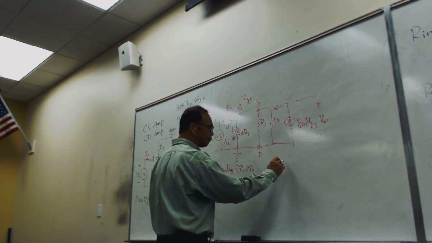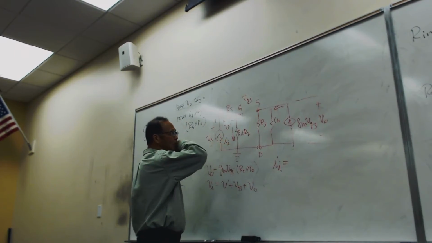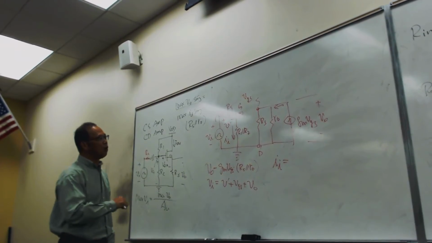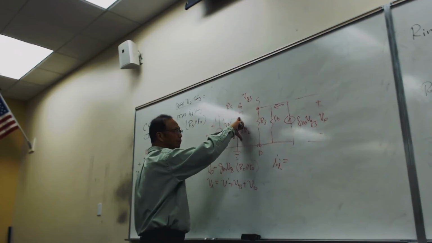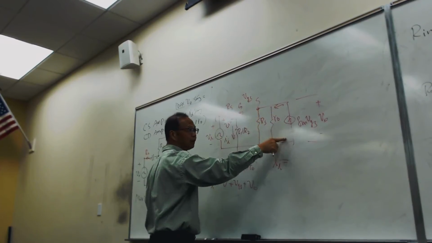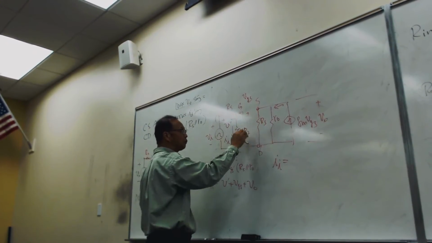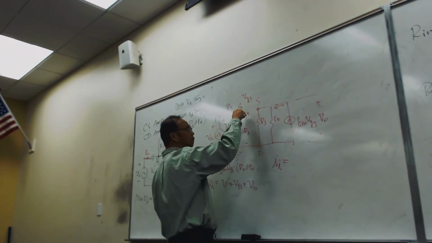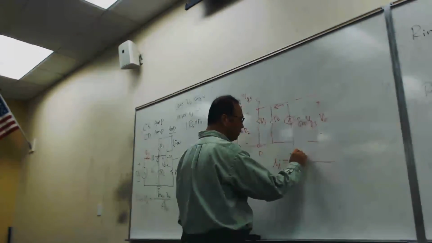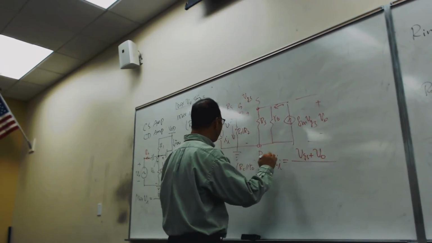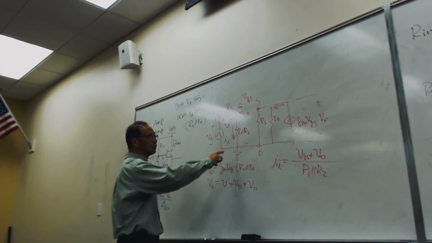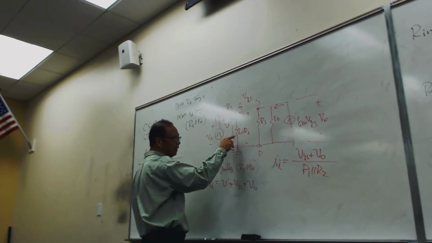And I sub I is equal to, what is the voltage across here, by the way? Is it VGS plus V sub O? The voltage across here is VGS plus V sub O. So I sub I is VGS plus V sub O divided by R1 in parallel with R2, because that voltage divided by that is the current.